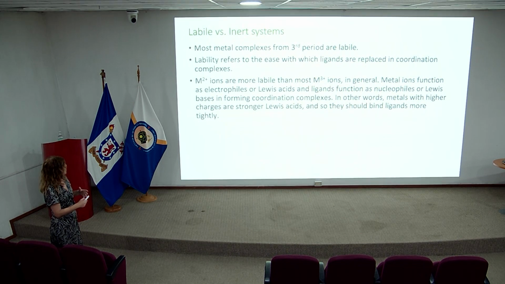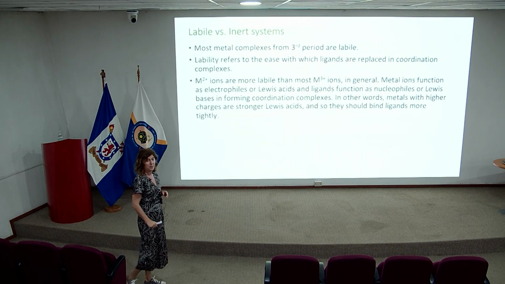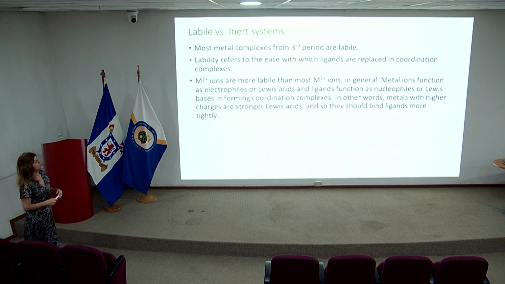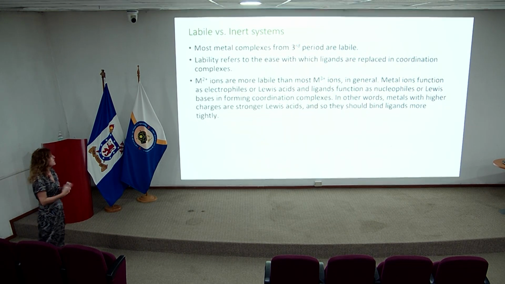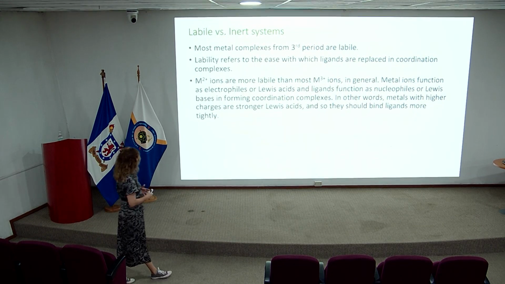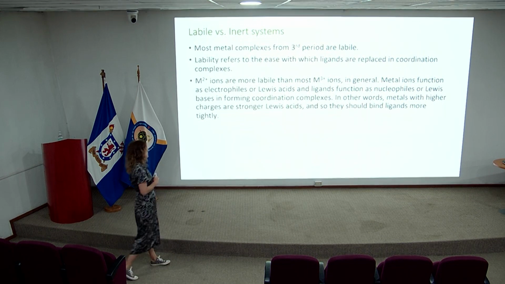As a general rule, metals with +2 charge are more labile than metals with +3 charge. And this is due to the fact that metal ions are considered Lewis acids, and so they form coordination complexes with ligands, which are Lewis bases.